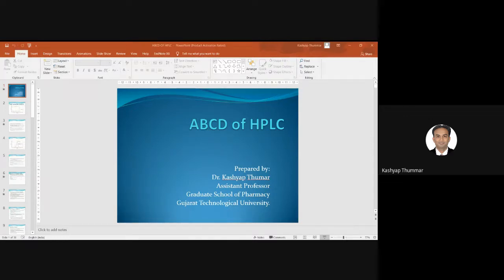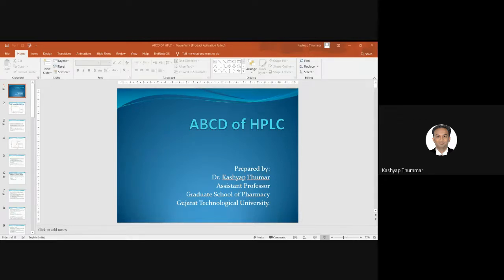To gain the basic concept about the meaning of a particular term, that will be covered in today's lecture. Like ABCD, we have many alphabets in English, and chromatographic techniques like HPLC have many scientific terms.